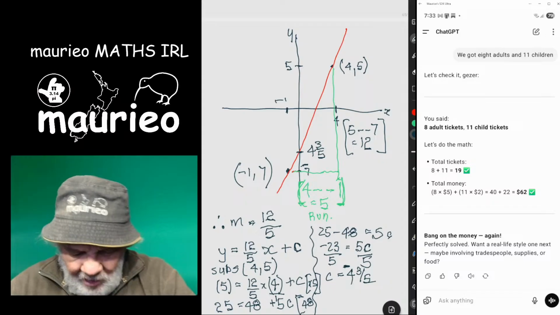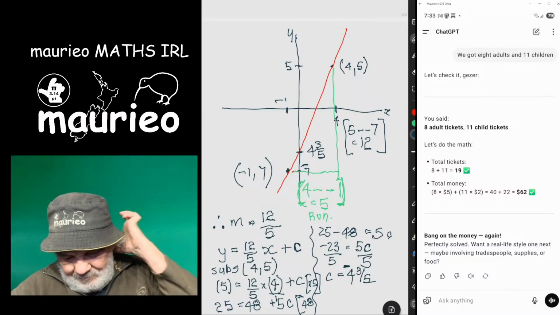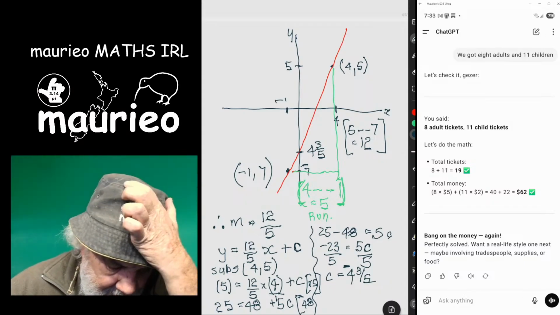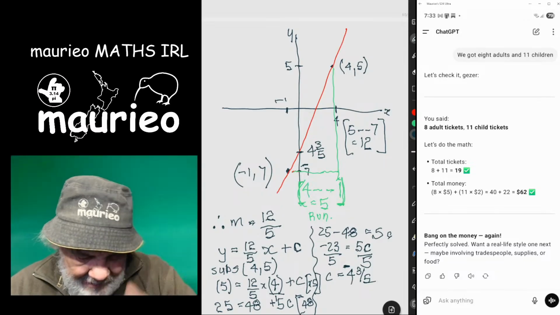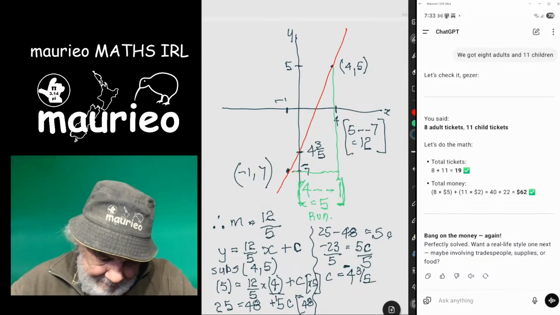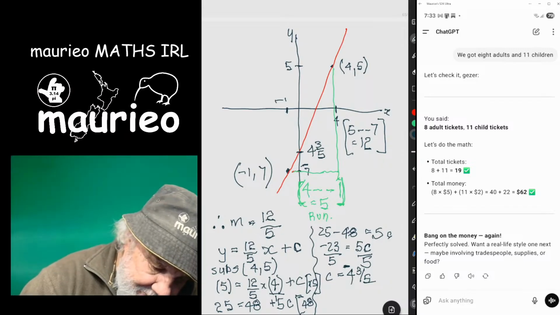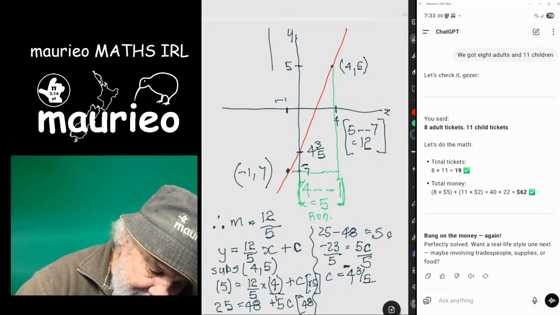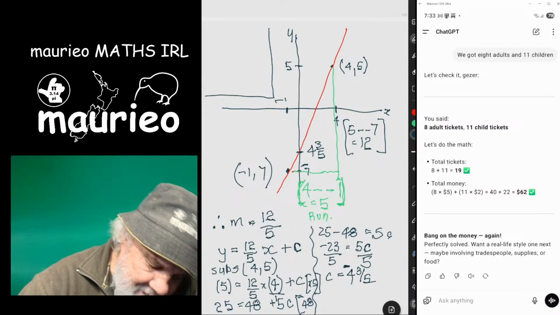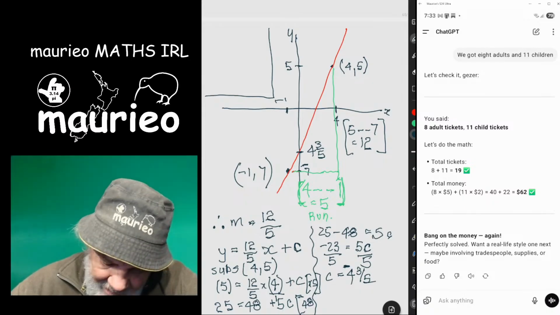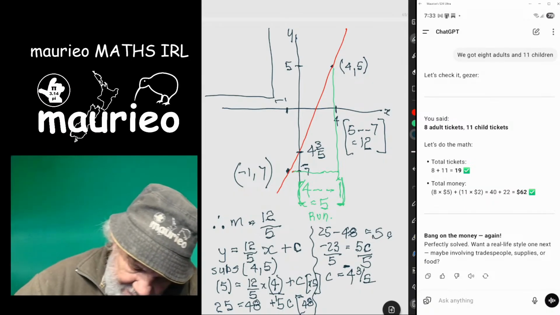Okay, so let's have a look at, I'll do some work up here now. Bit all over the place. Let's have a look at when x equals negative 1.